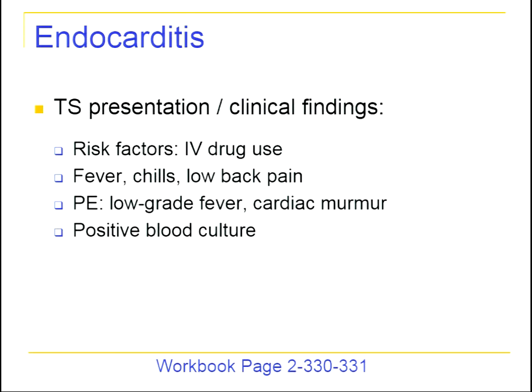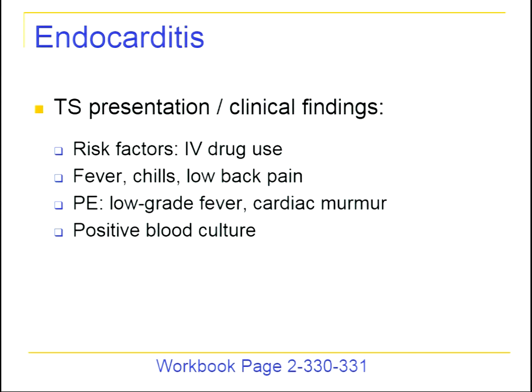So the initial presentation, the clinical findings that TS has, are the risk factors for endocarditis, his IV drug use. Endocarditis frequently does not have abrupt symptoms. It doesn't have huge fevers, but he is showing a slightly elevated temperature, chills, and lower back pain. So that low-grade fever is somewhat indicative of endocarditis.